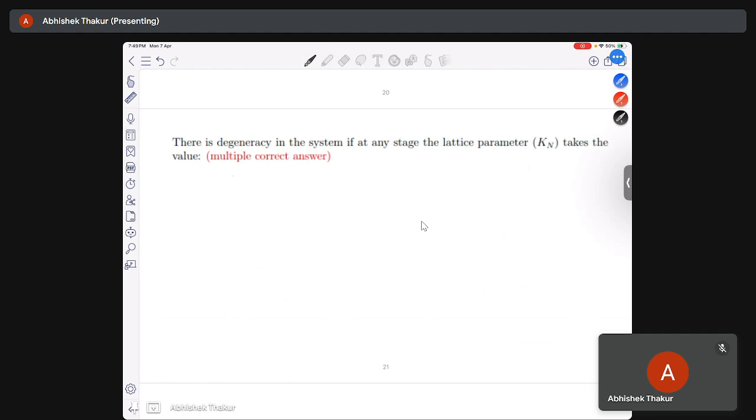So A_n of z is equal to A_{n+1} of z minus z to the power of minus (n+1) K_{n+1} A_{n+1} of z inverse divided by 1 minus K squared_{n+1}.